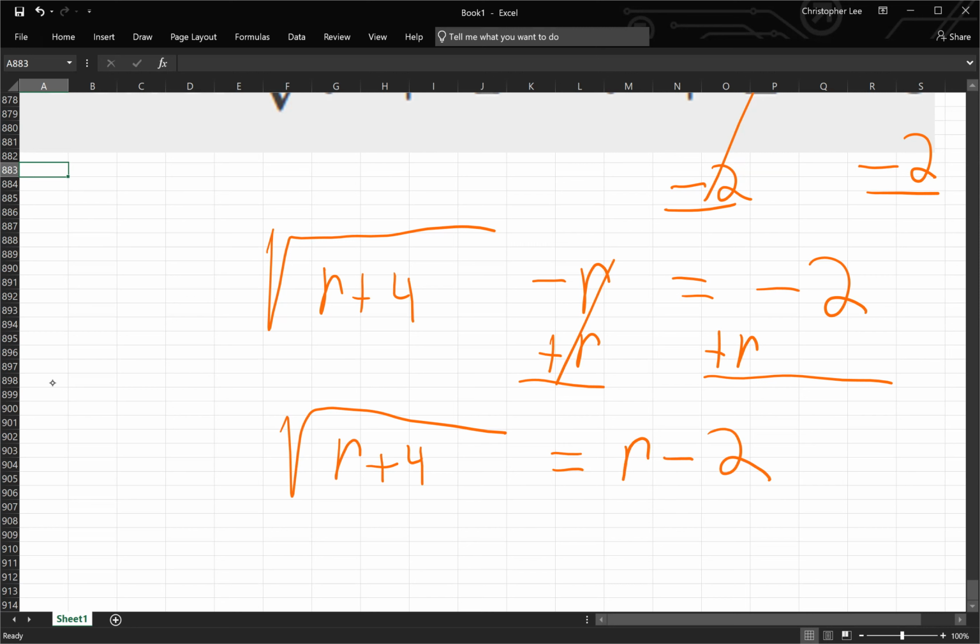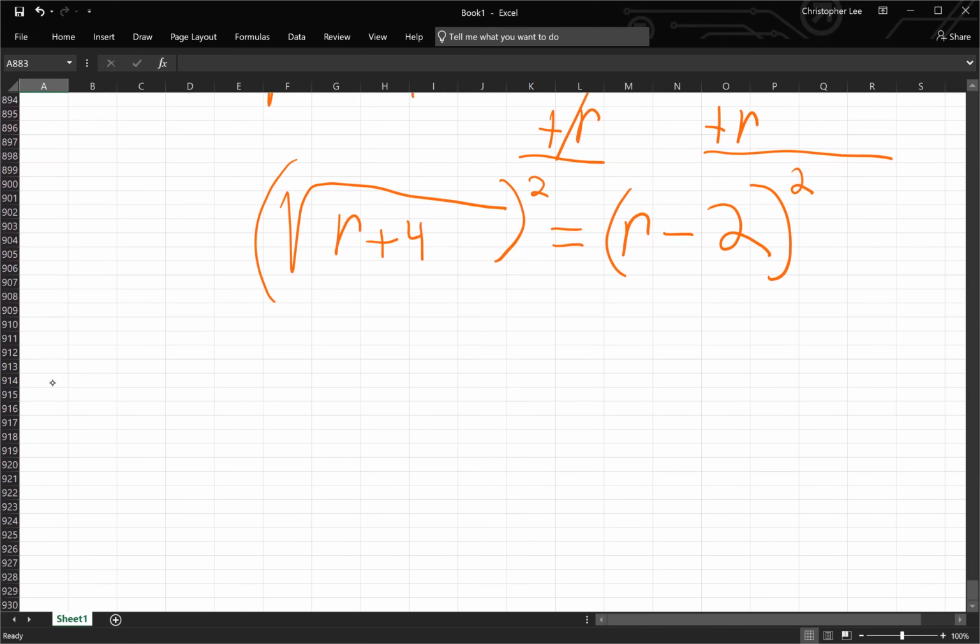Now, what do I do? Square both sides, right? What I do to one side, I do to the other. So what do I have? I have r plus 4, because remember the square root and the square are going to cancel out, is equal to r minus 2 times r minus 2, that's how.